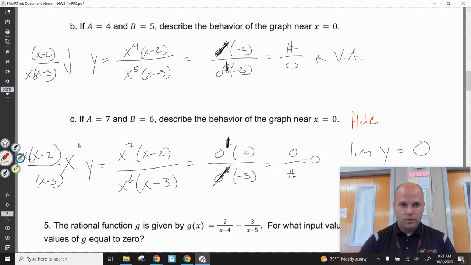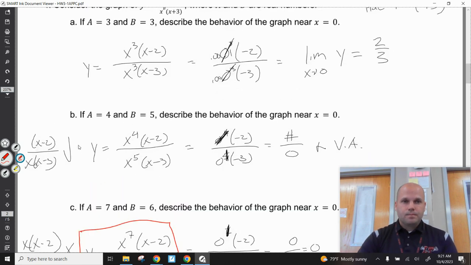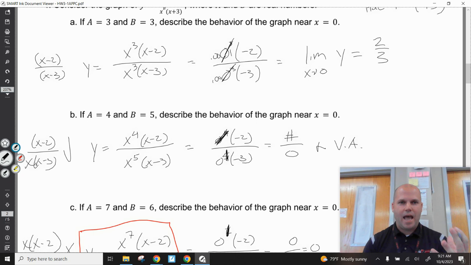You do. This has 0 over 0. Same thing here. If you canceled out the x cubes and you're like, oh, the function's just x minus 2 over x minus 3, that's what the function will look like. However, you would remove the fact that this function has a hole at 0, 2/3.